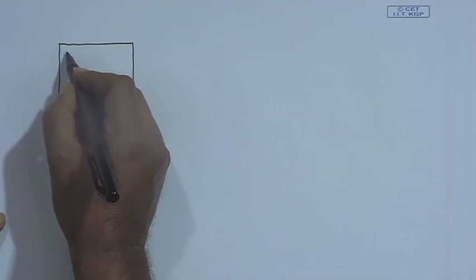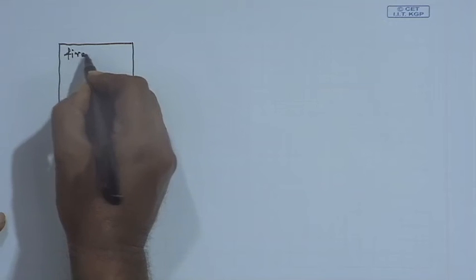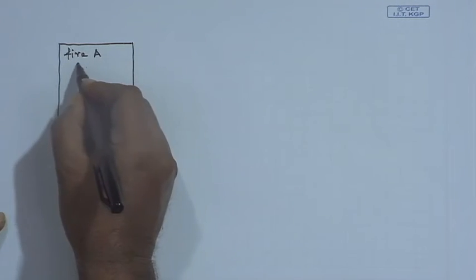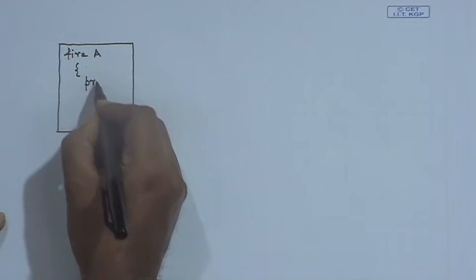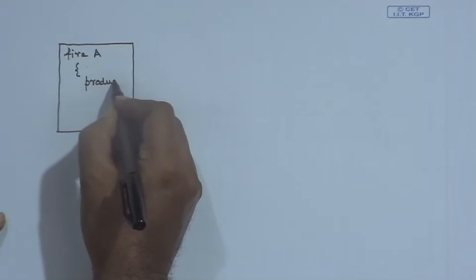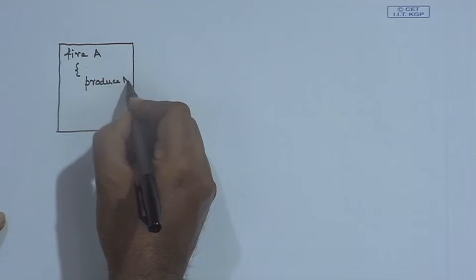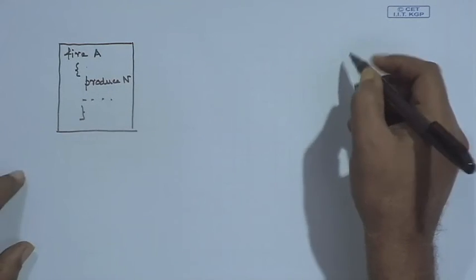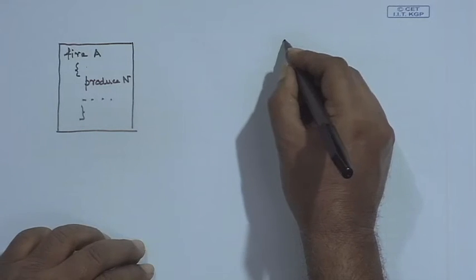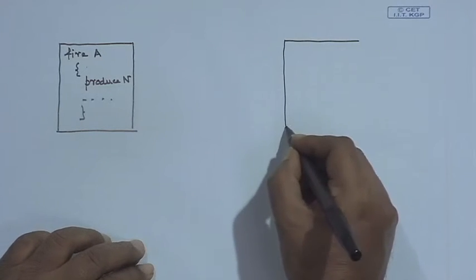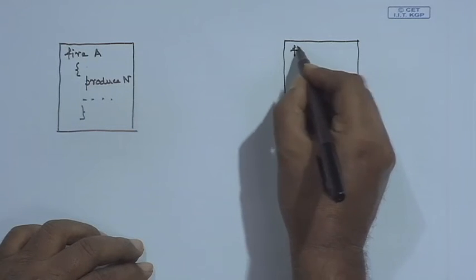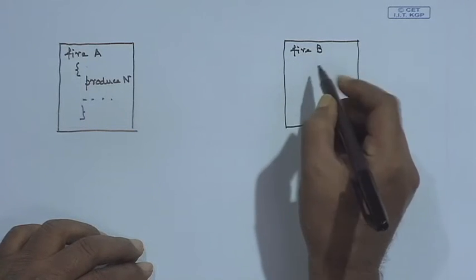So, I am showing fire A, I model it as a producer consumer problem, and B is fire B, B is consuming, right.